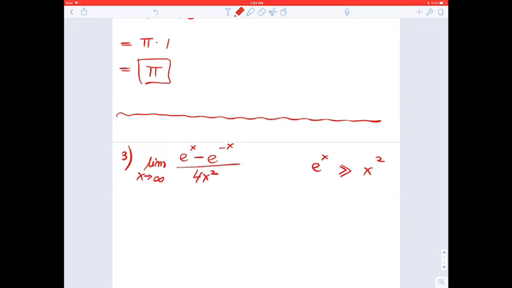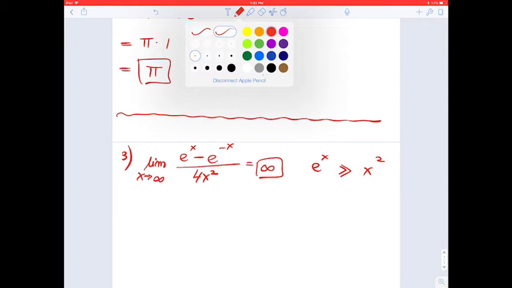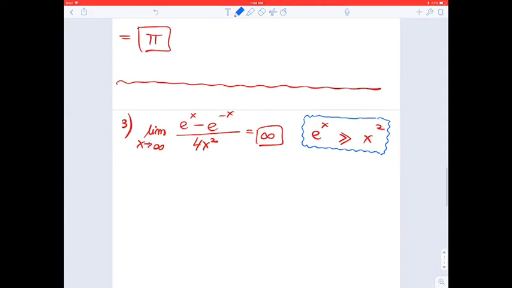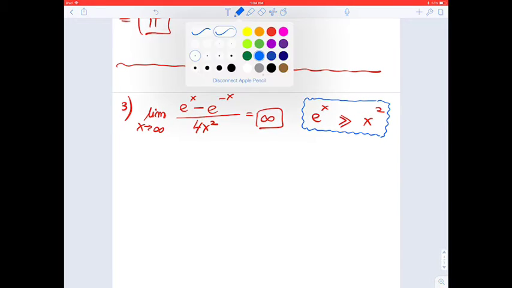We know that exponential function grows much, much faster. That means talking about the growing rates at infinity, numerator is growing faster. Always infinity. Always. Just based on this relation between the leading functions from the numerator and denominator, I know that numerator is winning always, then always infinity.